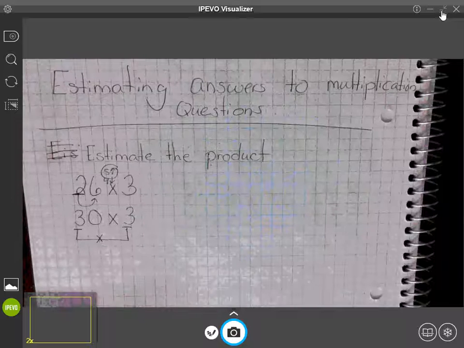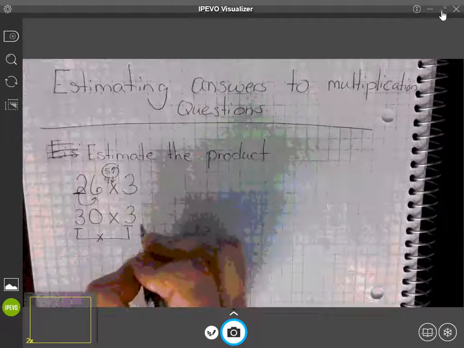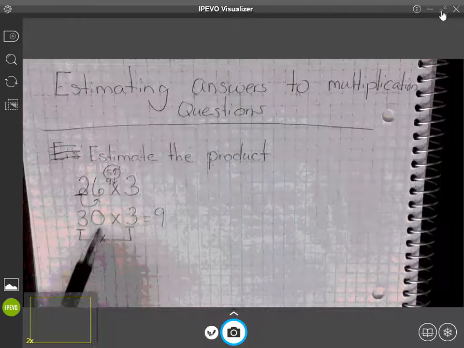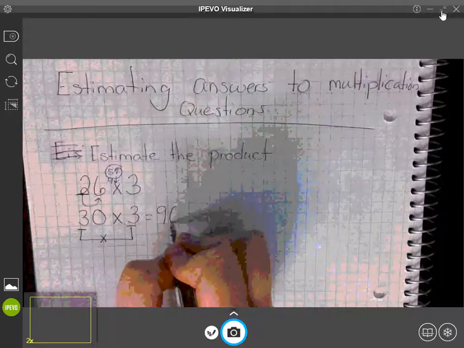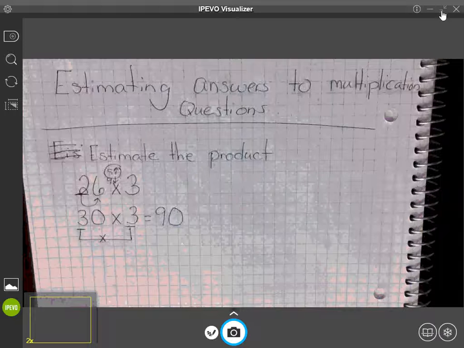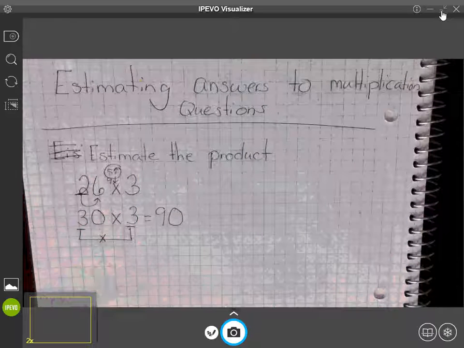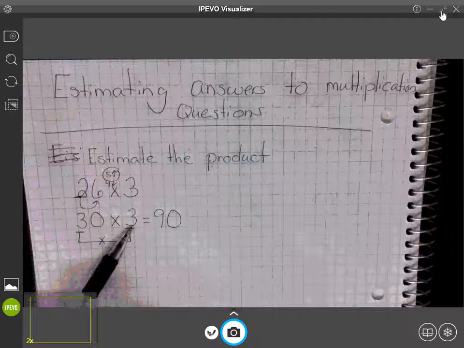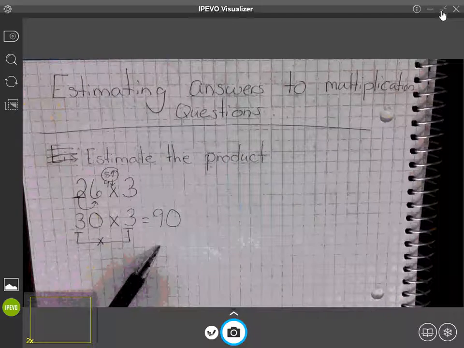Very good. 3 times 3 equals 9. Very good. And I put the zeros. Right. Now where is that 0 coming from? The 30. Can this 3 right here give a 0? No. So our estimated answer is 90.